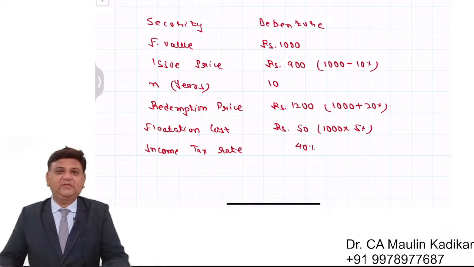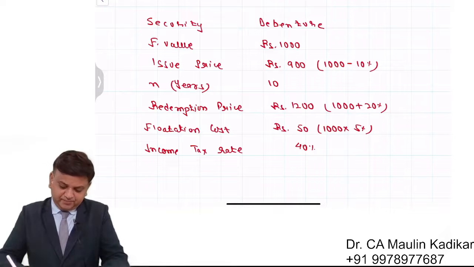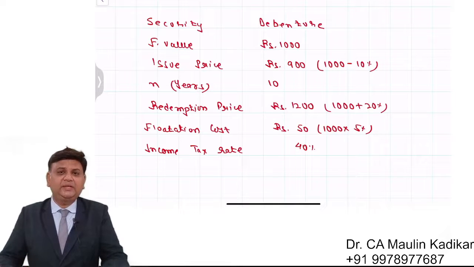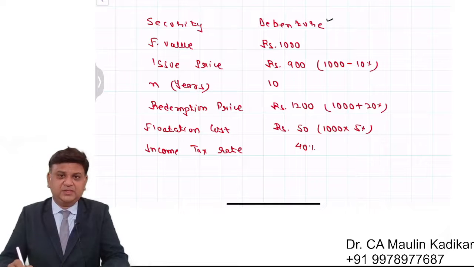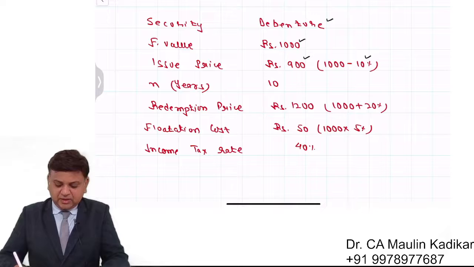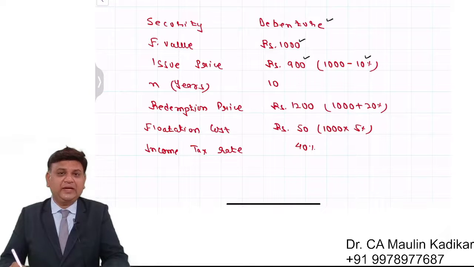Let us understand the information in the question. The company has issued a security in the form of a debenture. The face value of the security is 1000, so the face value is going to be used for calculation of the interest amount. It is issued at 10% discount, so the investor is making a payment of 900 rupees to the company.